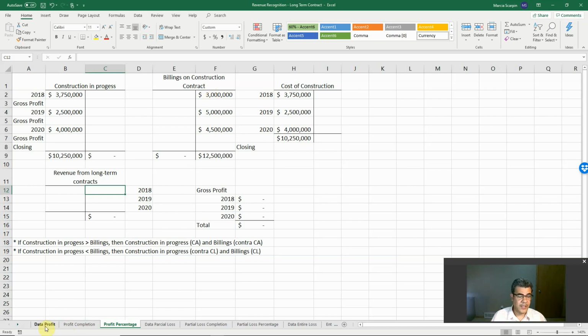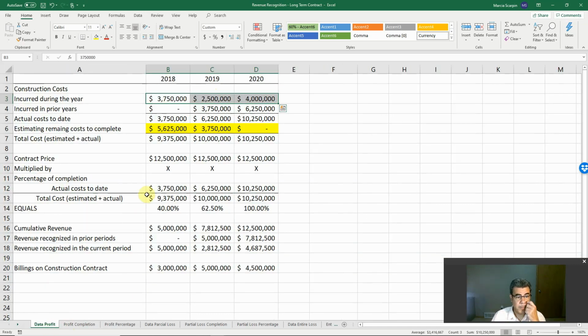How do we find our revenue? We find it based on percentage of completion. So how do we find the percentage of completion? The actual costs, that is our cost in 2018, divided by total cost. That's why we need the estimated remaining cost.